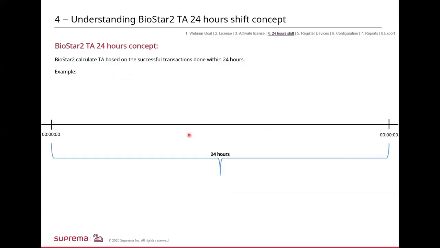So in order to have a successful transaction and report, your check-in and check-out transactions should be done within the 24 hours. If both transactions are within the 24 hours, this means you will have a result that you have worked 9 hours for this 24 hours, which usually is a day.